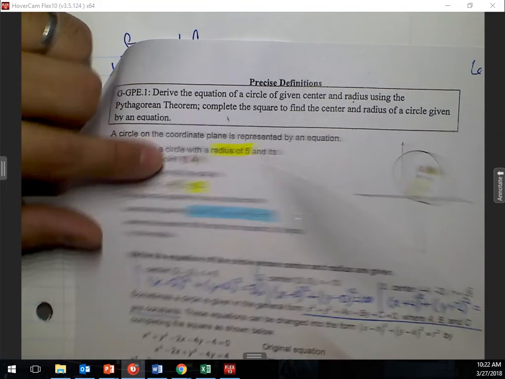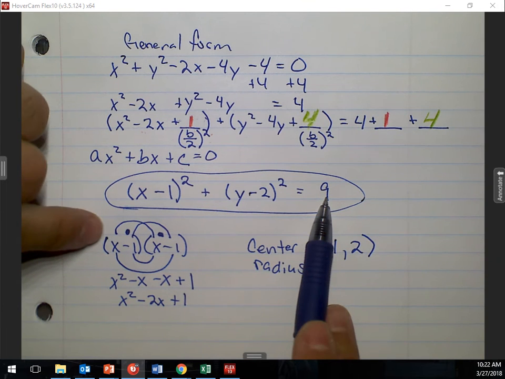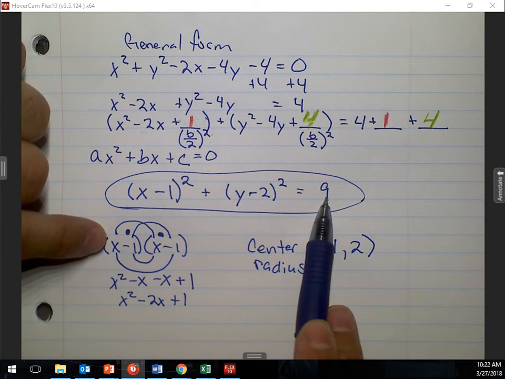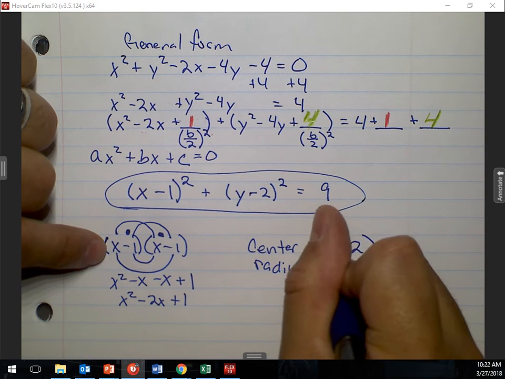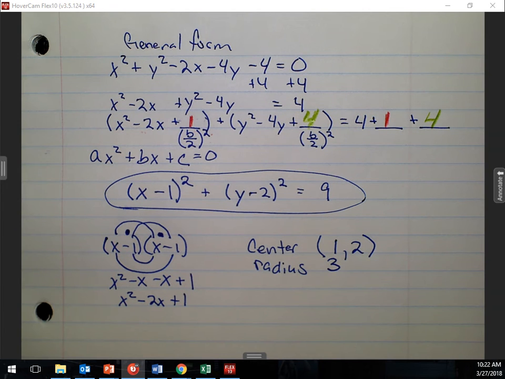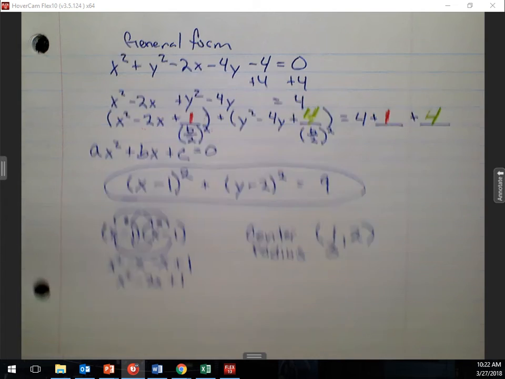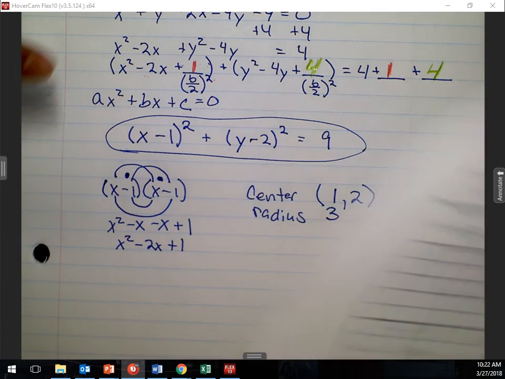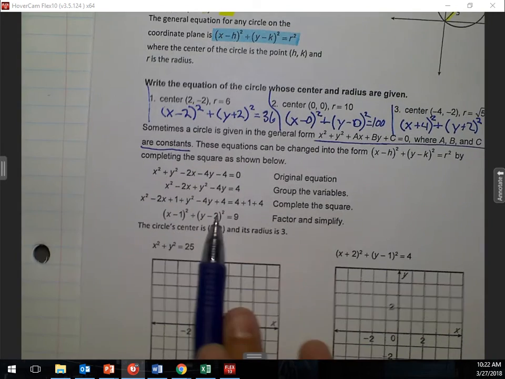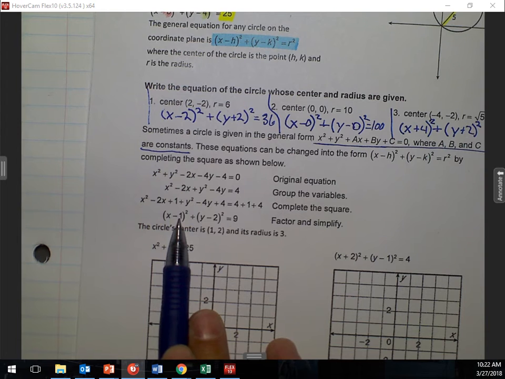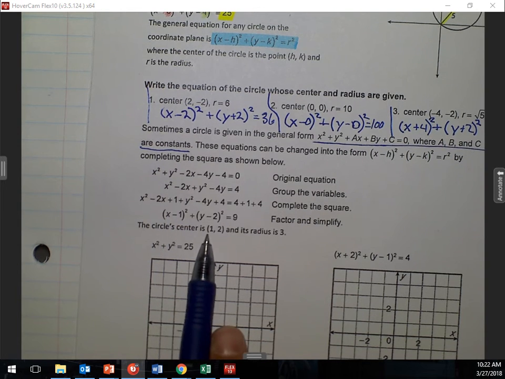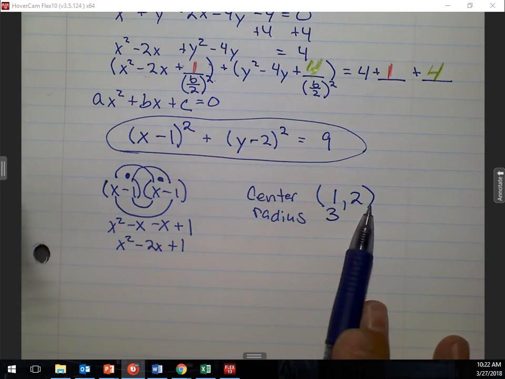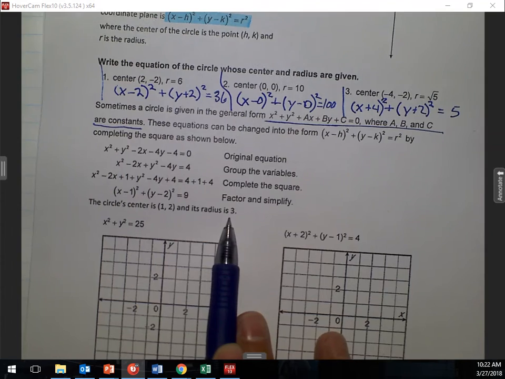The square root of 9 is 3. So my radius is 3. And so in your notes, it already has it all done. The center was at 1, 2, and the radius was 3.